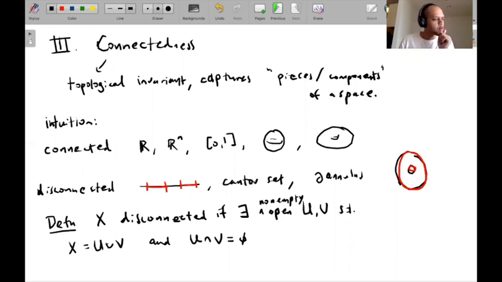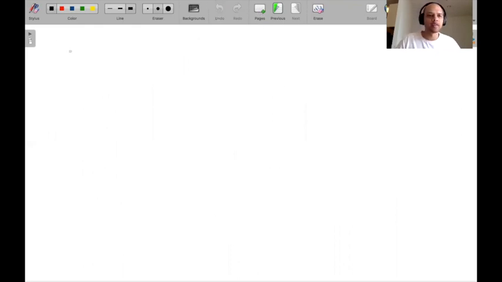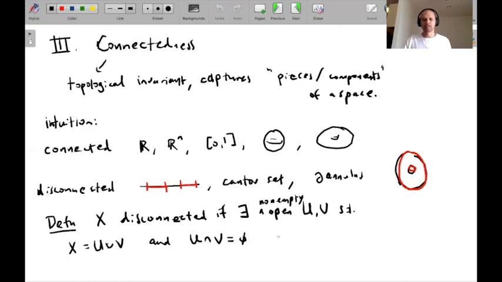Okay, so I think I want to stop here basically. So next time we'll think a little bit more about connectedness, and here are some examples that we'll discuss. Whenever you make some definition like this, you want it to capture your intuitive notion, and we'll see that with this definition, these spaces are connected and these spaces here are not.